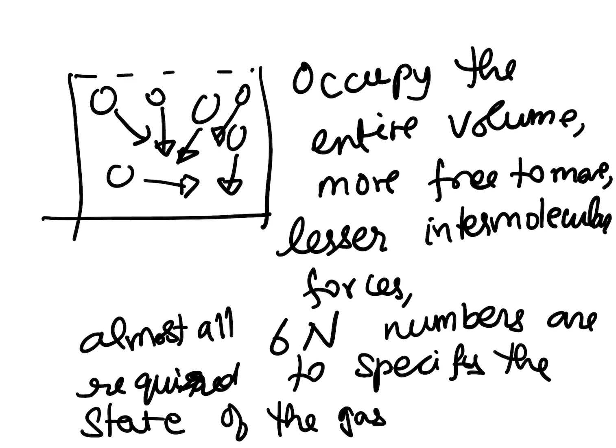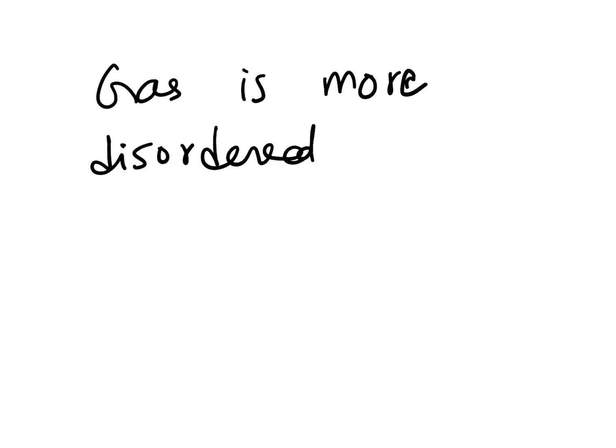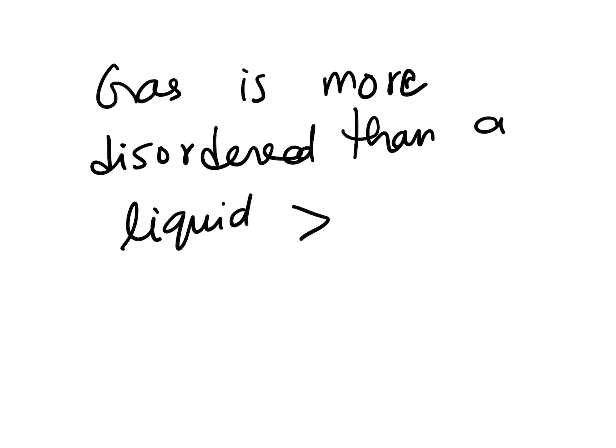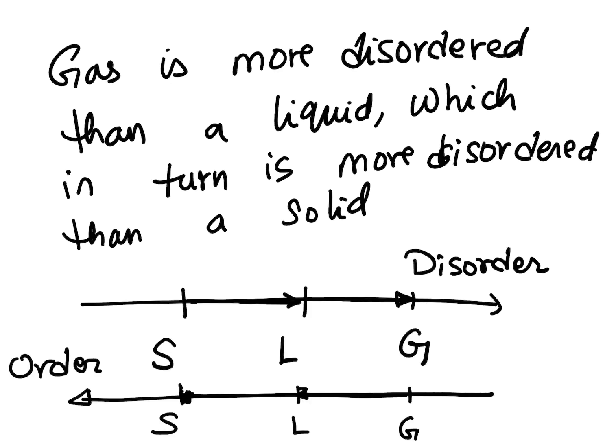So you can see the argument going that a gas is more disordered than a liquid, which is more disordered than a solid. On a scale of order instead of disorder, the solid is the most ordered state, followed by the liquid, and then the gas, which is the least ordered state.